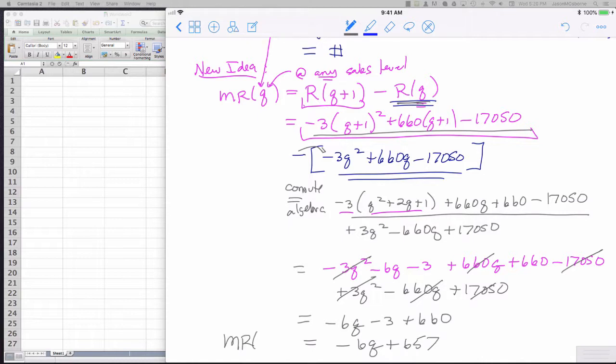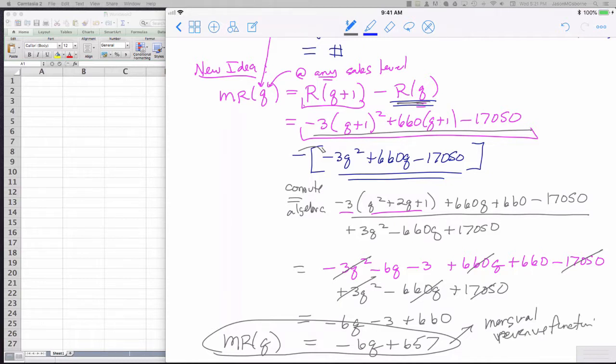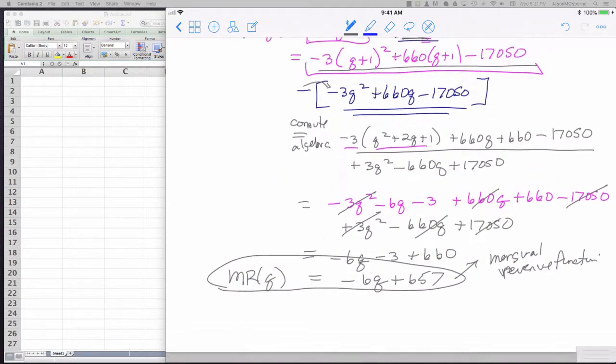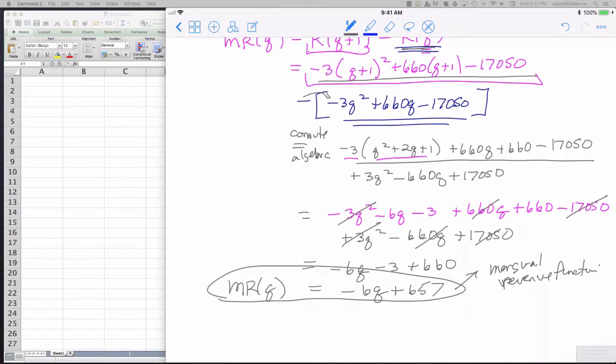This answer is our marginal revenue function. Okay, and we can see that this is the marginal revenue function of the revenue function, which was given in the problem, minus 3Q squared plus 660Q minus 17050.